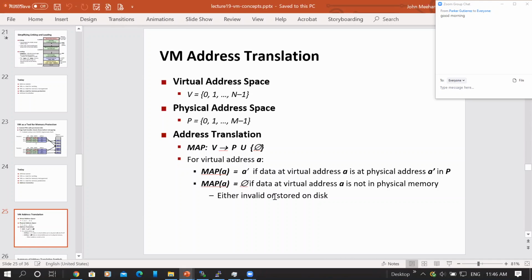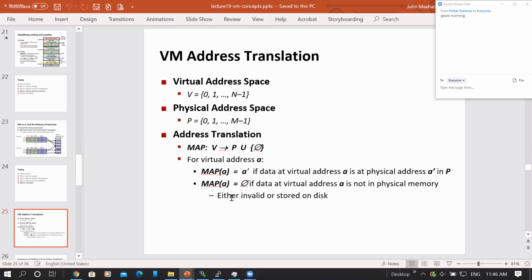And that's two subcases. Either the reference to this virtual address A is an invalid reference, meaning it's not even currently part of your active virtual address space, or it is currently part of your virtual address space, but it's just not currently stored in the memory.